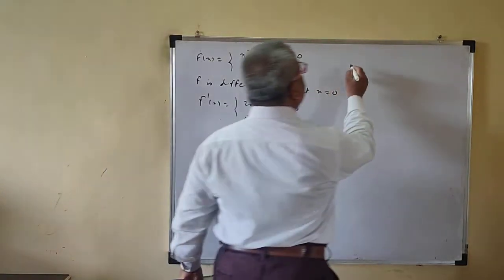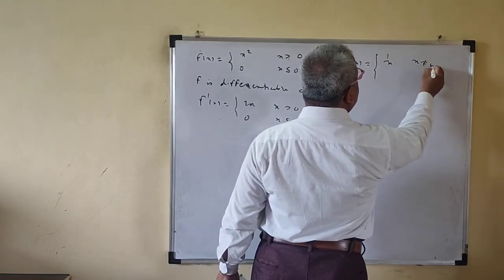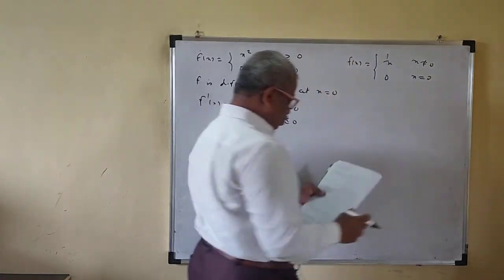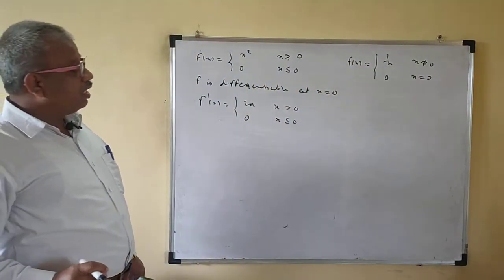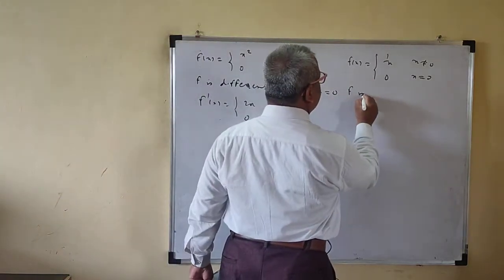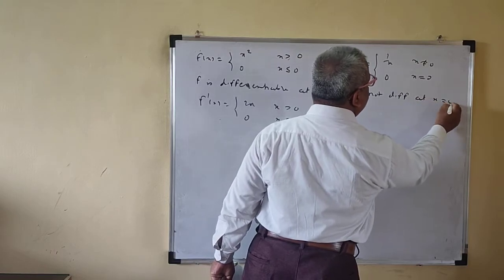Now suppose you define the function f(x) equal to 1 upon x for x not equal to 0, and 0 for x equal to 0. Now this function f is not differentiable at x equal to 0.